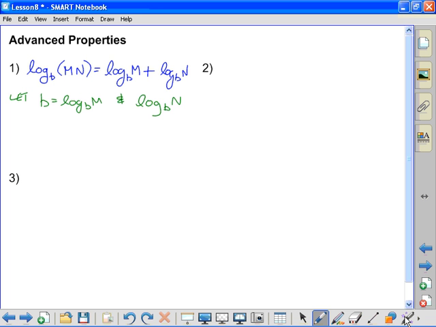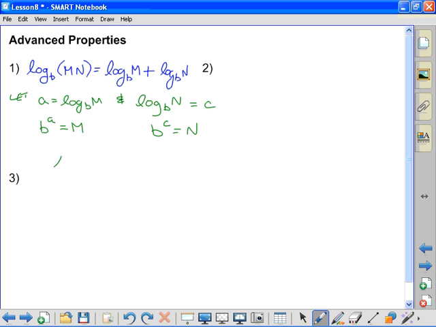I can't have the base and the value the same, so let's change that letter. A on this side, and over here we'll have C. If we rewrite this, this will be b to the exponent a equals m. Over here we'll have b to the exponent c equals n. So I've rewritten those.